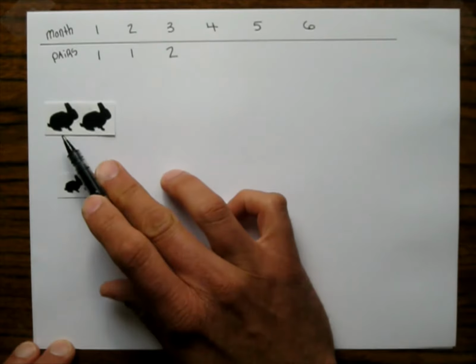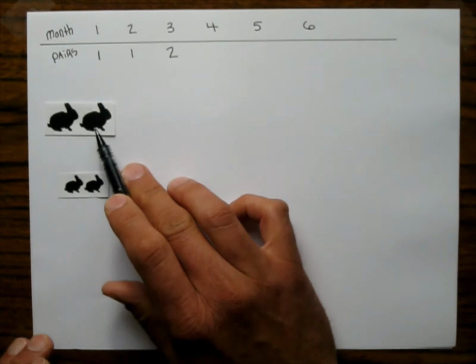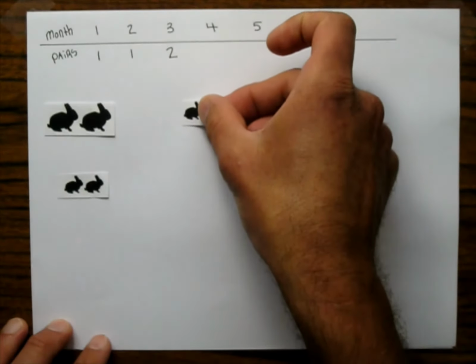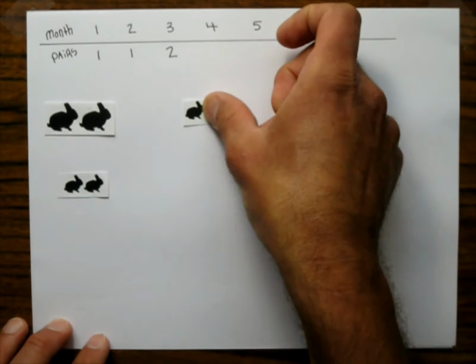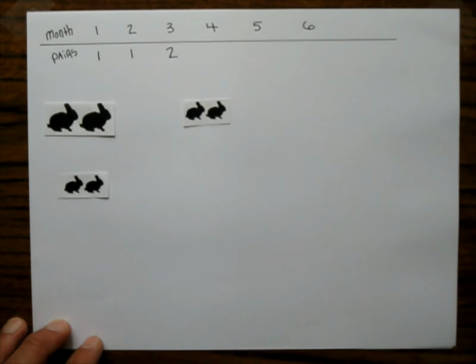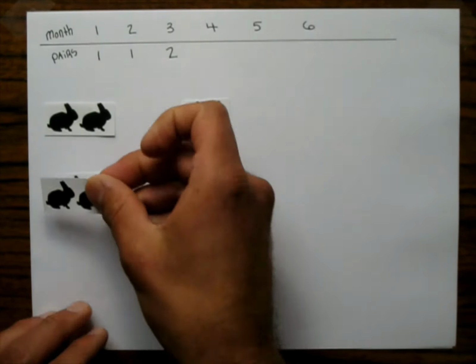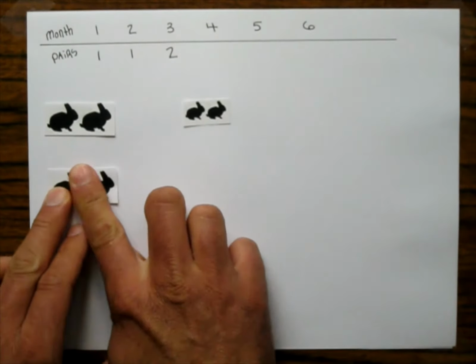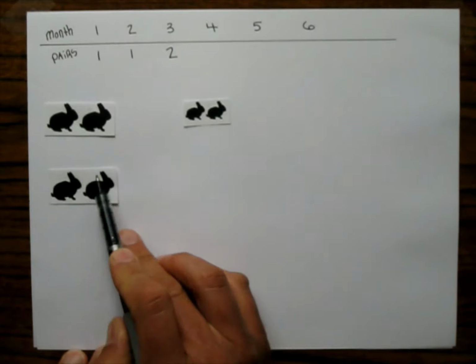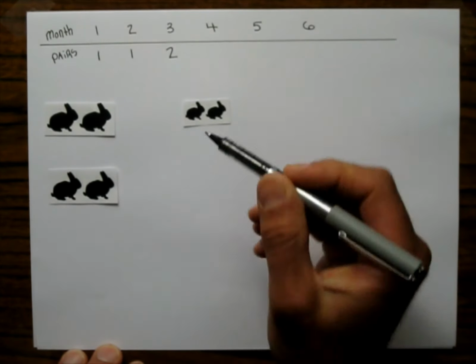These guys are still going to have another pair of rabbits. So this is now the beginning of month 4. They have another pair. And at the same time, these guys right here grow up and become adults. So at the beginning of month 4, we have 3 pairs.